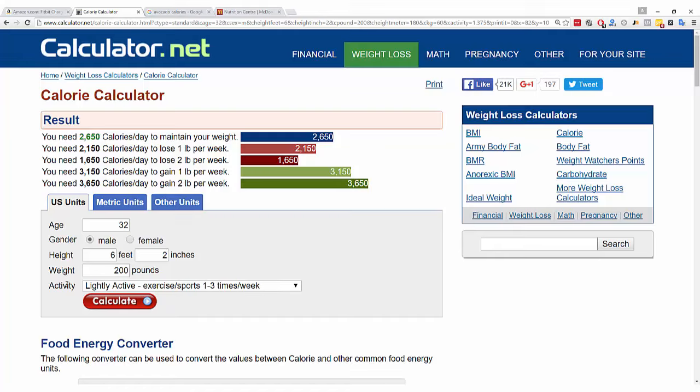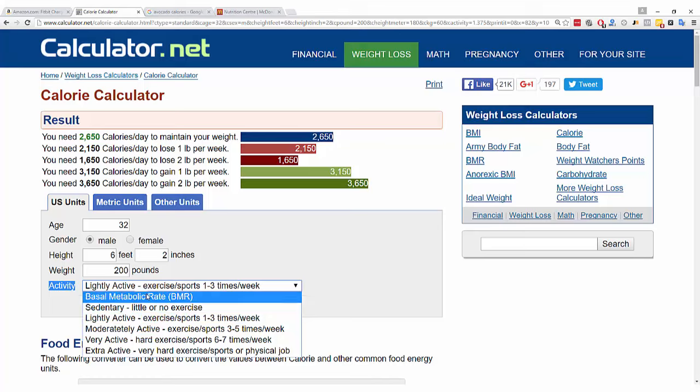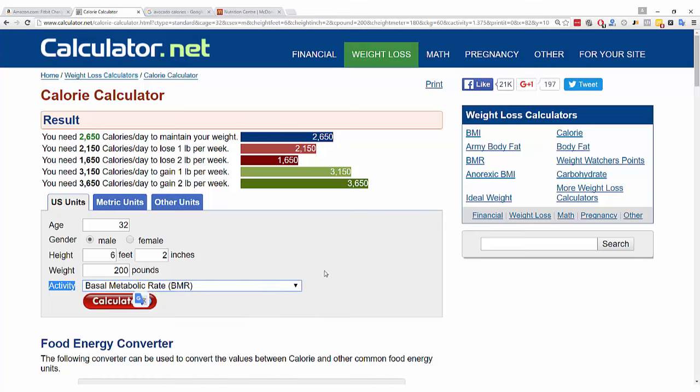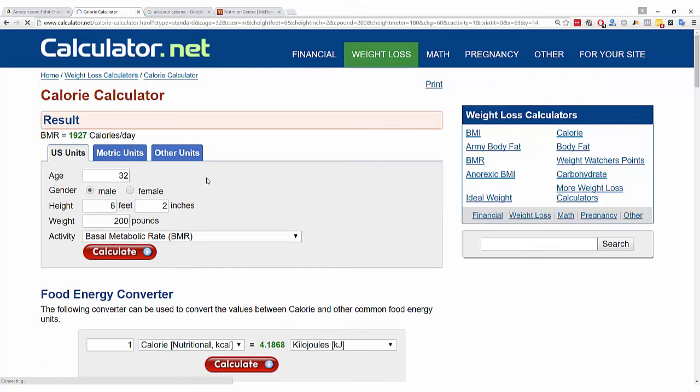Let's just look at some other activity levels. Let's calculate the basal metabolic rate for me. As you already know, basal metabolic rate is how many calories you burn if you stay at rest the whole day in normal temperature. And my BMR is 1,927 calories.